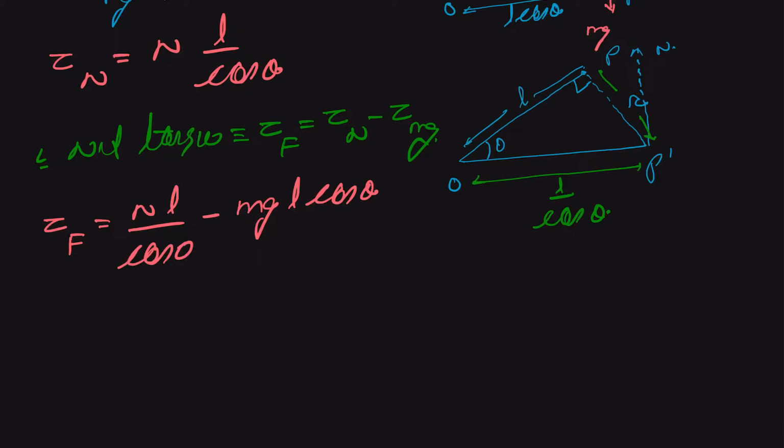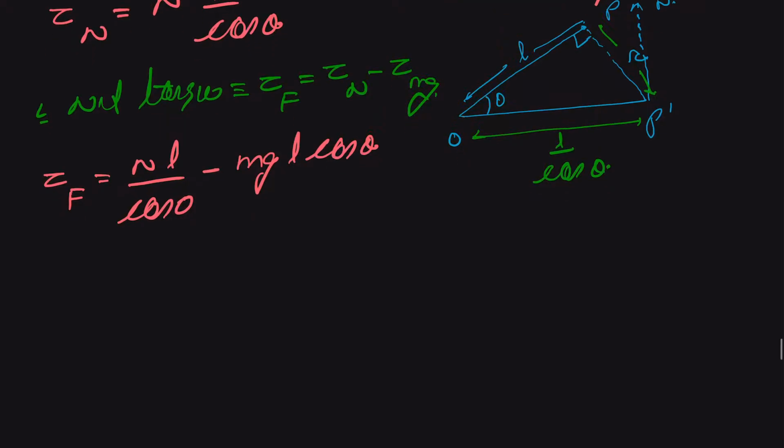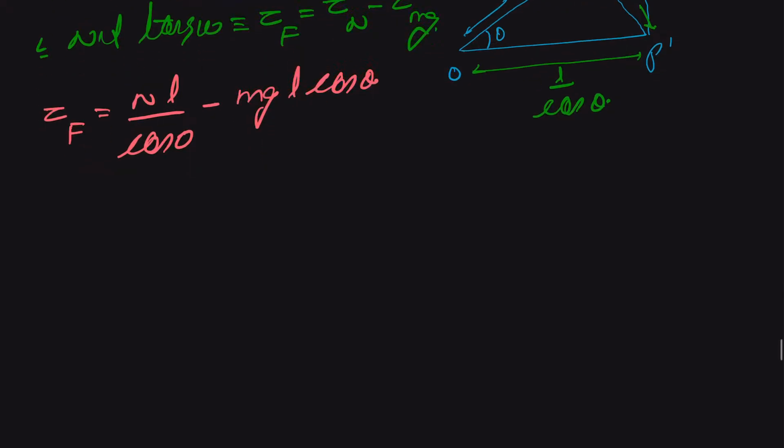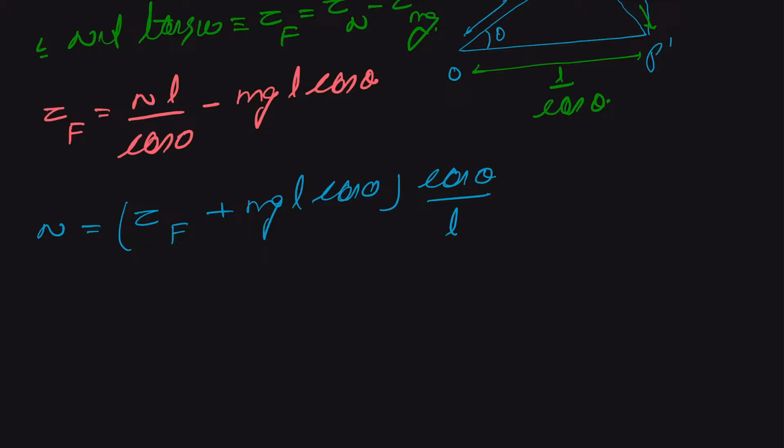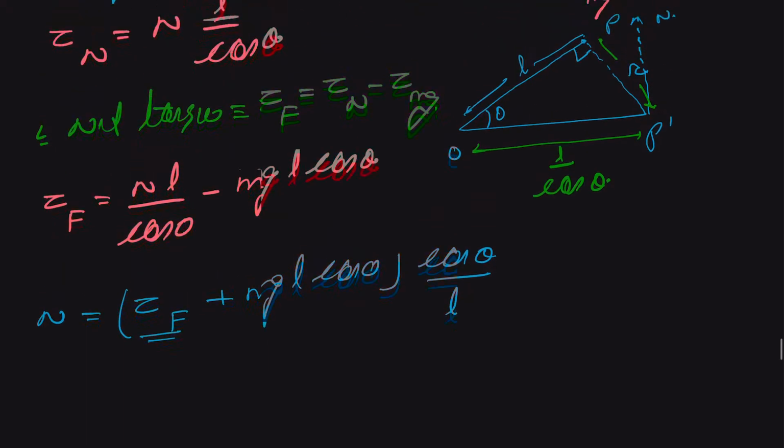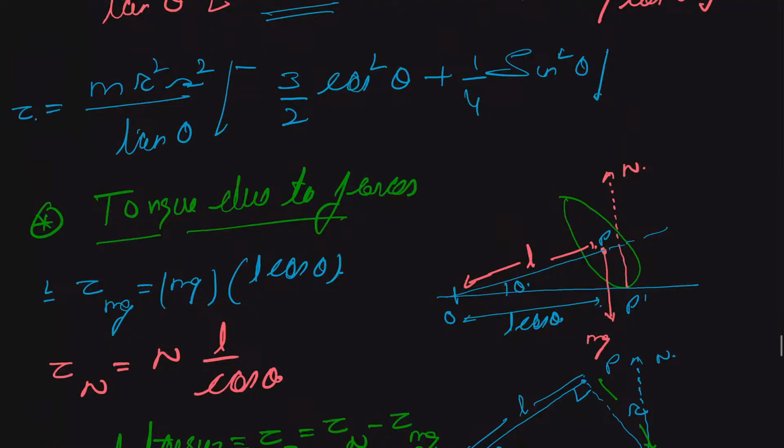From here we can write the equation for our normal. So our normal is equal to torque due to the forces plus mgL cos of theta, multiplied by cos of theta upon L. For equilibrium, this torque due to the forces should be equal to the torque that is being produced.